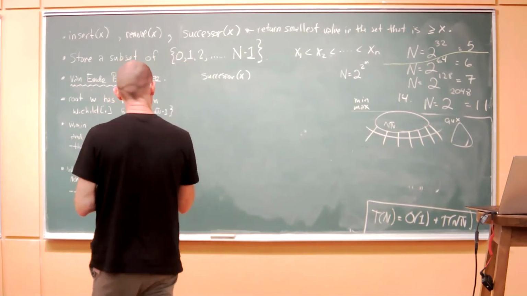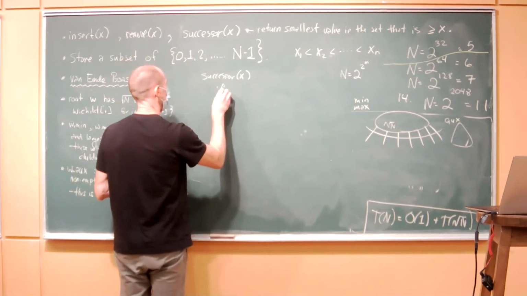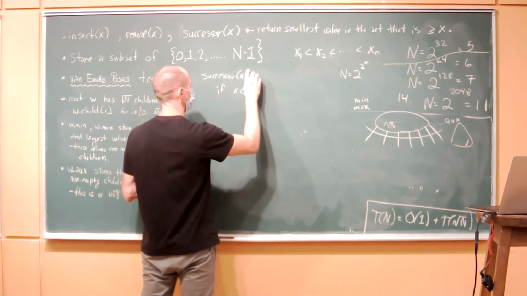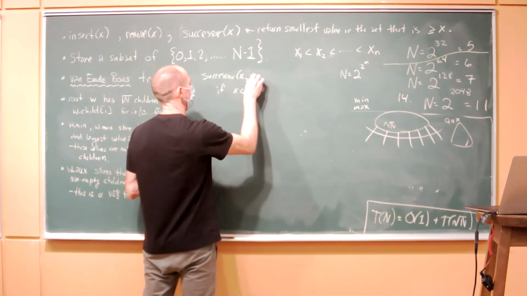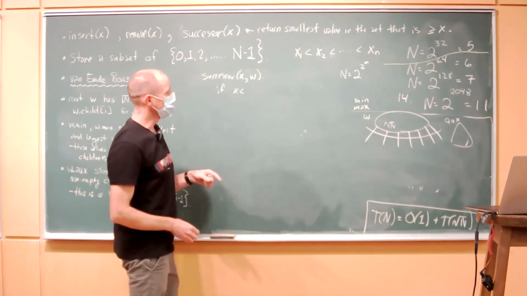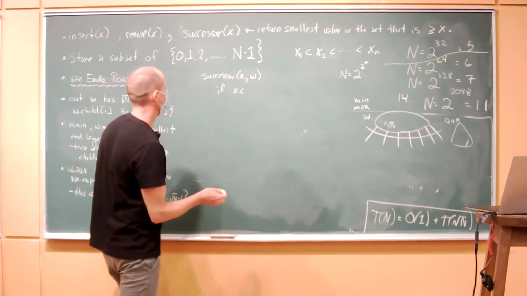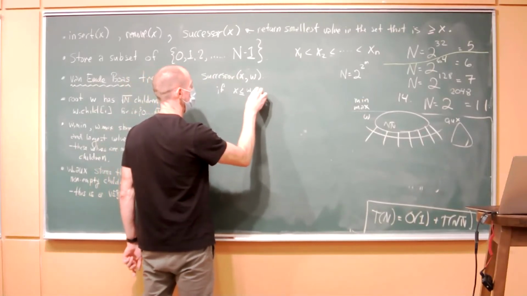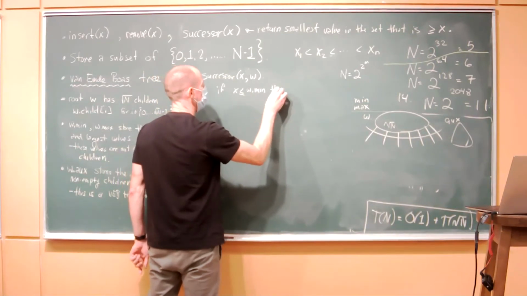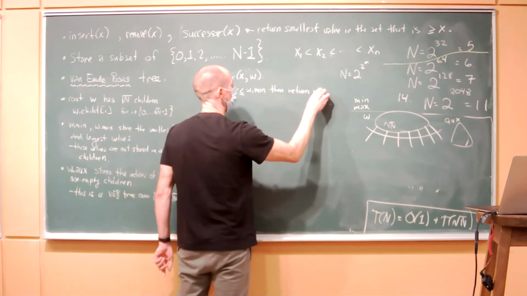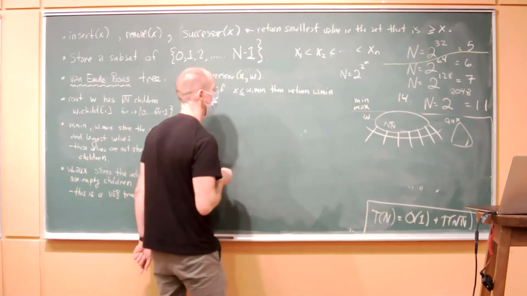So we can have something like: we are searching for x in the tree rooted at w. If x is less than or equal to w.min, then we return w.min.